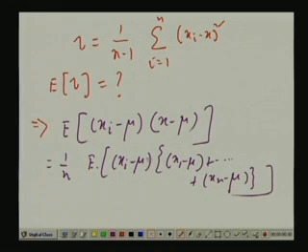So, only the square of that will remain. Other terms like (x_i minus mu) times (x_1 minus mu), the expected value will be 0 because x_1 and x_i are uncorrelated, and likewise only when you have got a term x_i minus mu from here, the square of that will come up, whose expected value is nothing but the variance of x_i, and the variance of x_i we all know is a constant independent of i, which is sigma square, right. So, this will become nothing but sigma square by n.